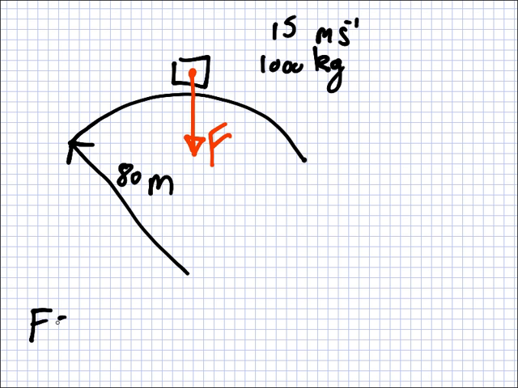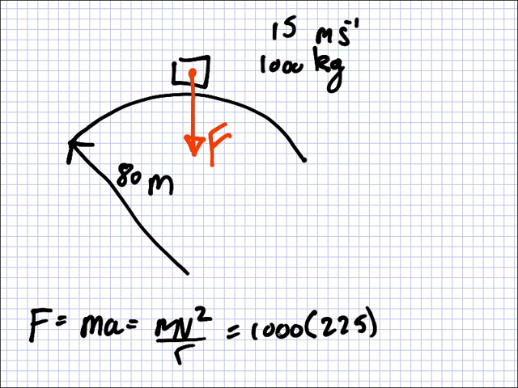So that's F equals ma, which equals mv squared over r, which equals 1,225 over 80. Cancel. That goes in 12.5 times.